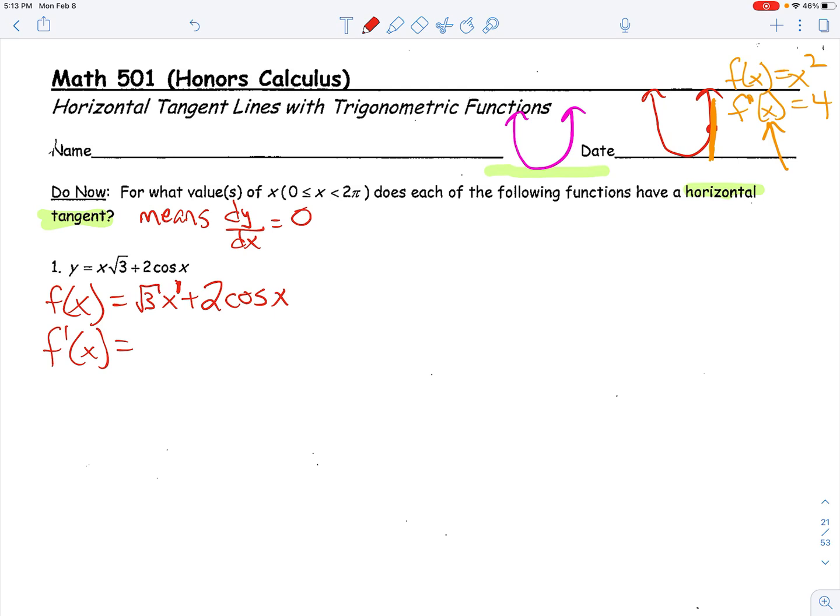All right, so f prime of x here, because the derivative of 2x is 2, the derivative of 4x is 4, the derivative of radical 3x, or x radical 3, is radical 3.